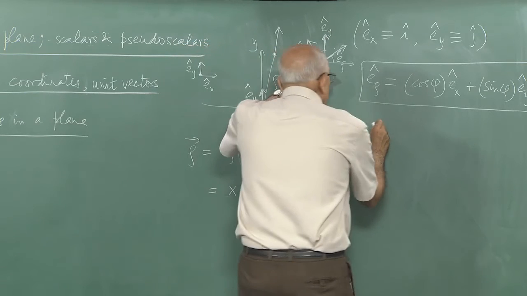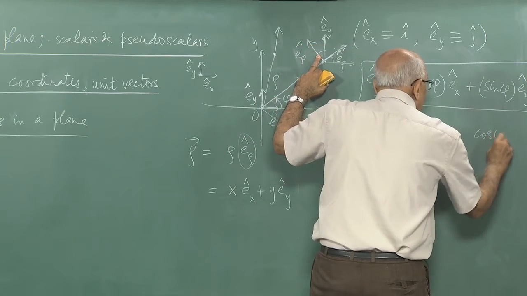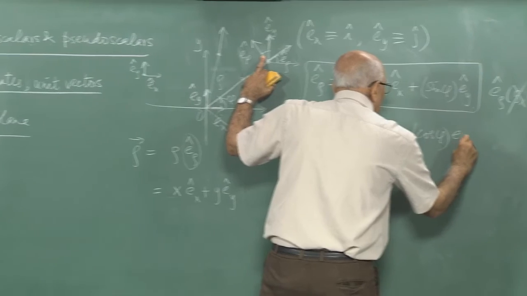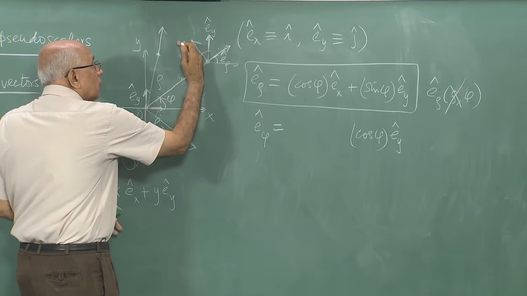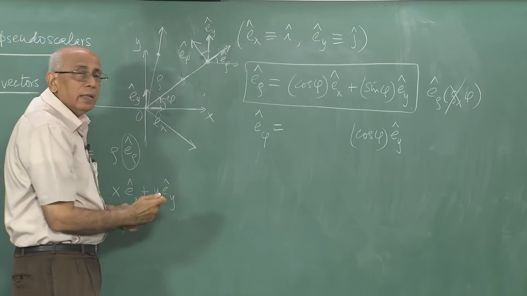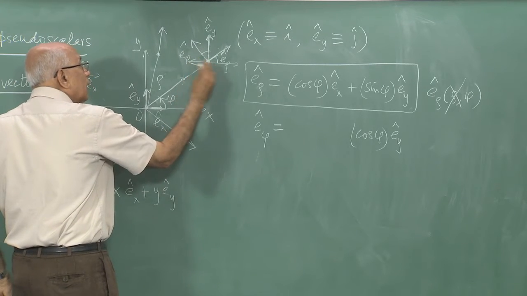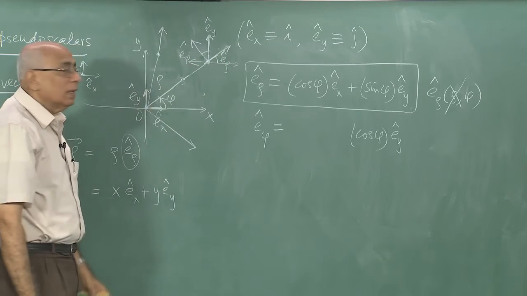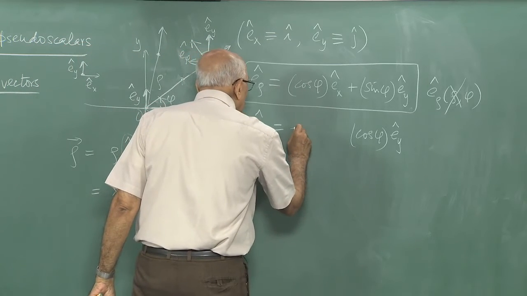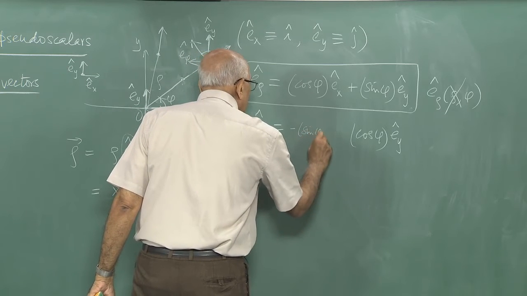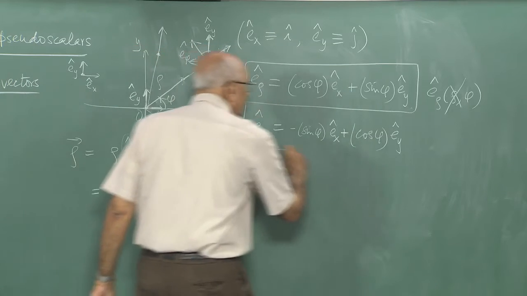So it is clear that E phi is equal to cos phi times Ey, because this angle is phi and the projection of this on that direction has a cosine and it is along Ey. But the projection along the x direction is in the negative Ex direction, and it is this height which is sin phi. So the rest of this formula is minus sin phi times Ex plus cos phi times Ey.